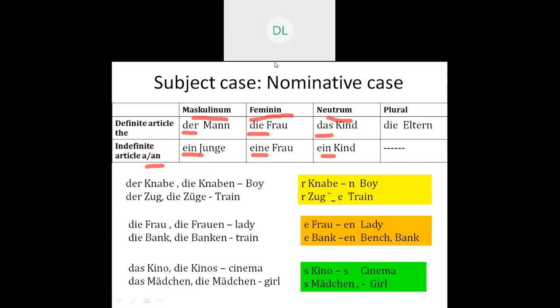In English, we have 'a' or 'an', where 'an' is used before vowels. But in German, we don't have any such case for 'a' or 'an'. There is only one word, ein. So der, die, das all mean 'the'. Before masculine it is der, before feminine it is die, before neutral it is das.